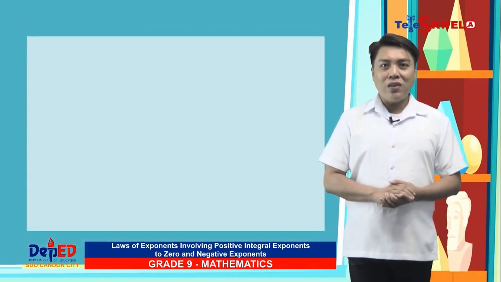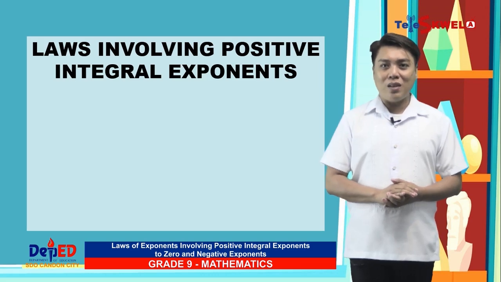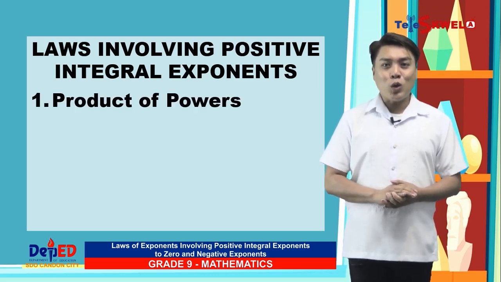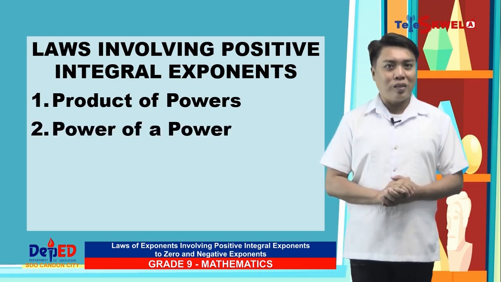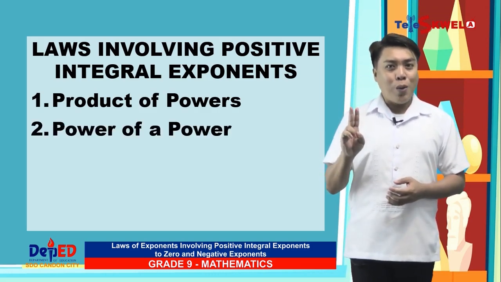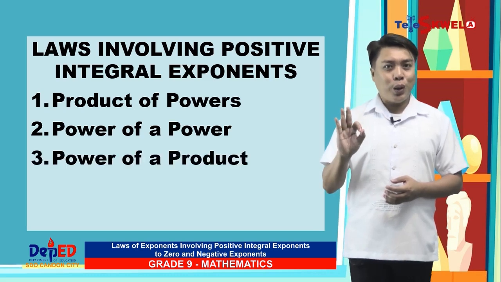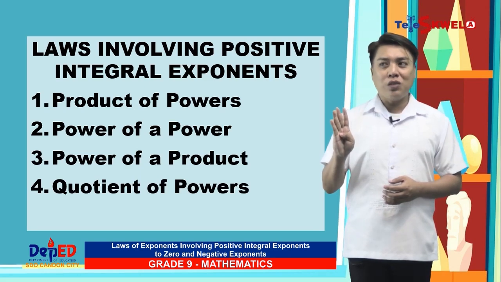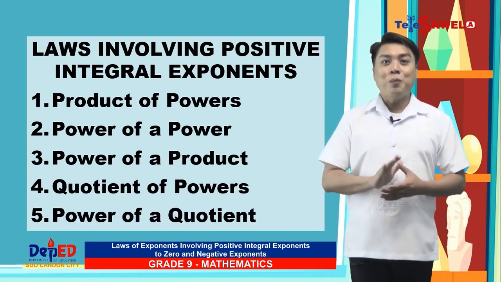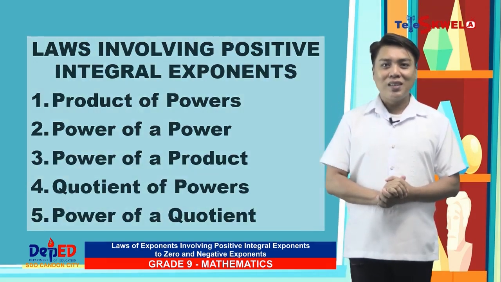Here are the 5 laws involving positive integral exponents, which are as follows. First, product of powers. Second, power of a power. Third, power of a product. Fourth, quotient of powers. And fifth, power of a quotient.